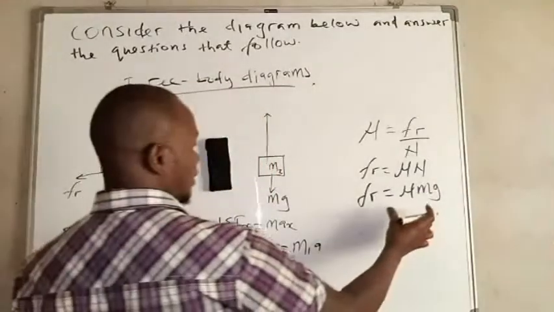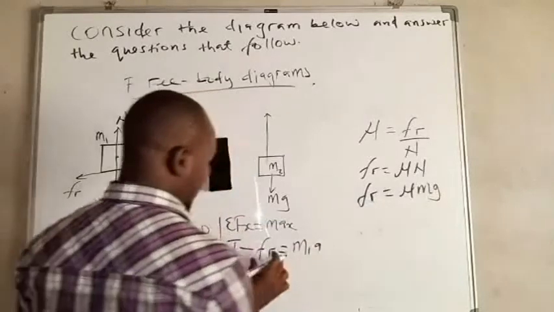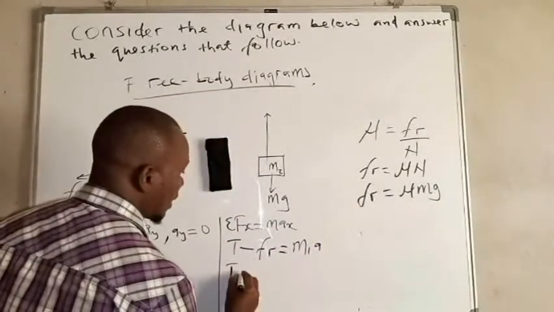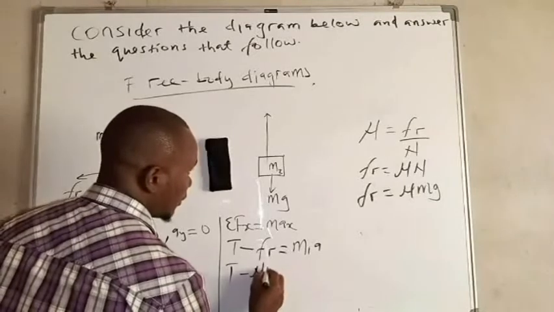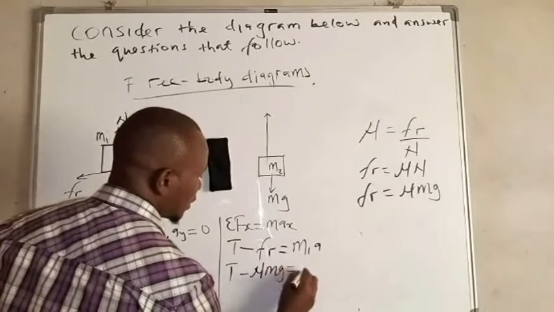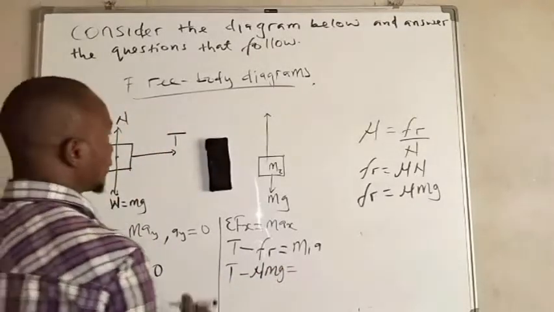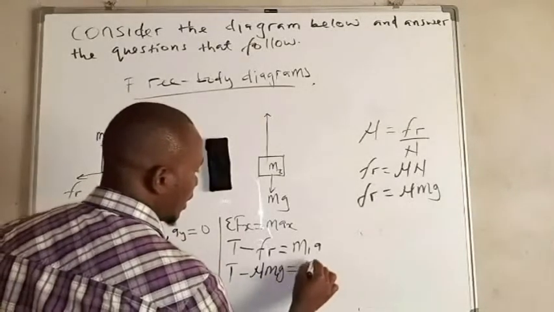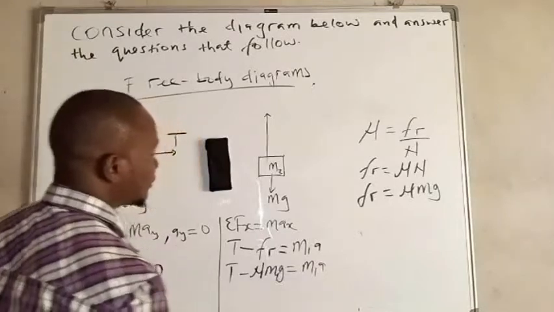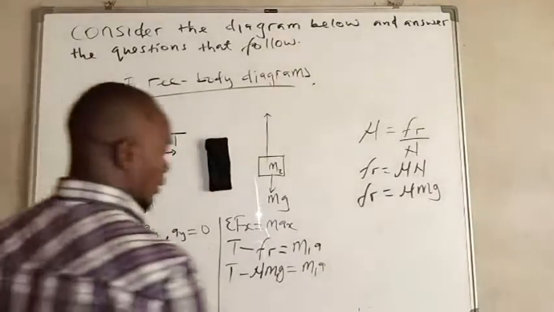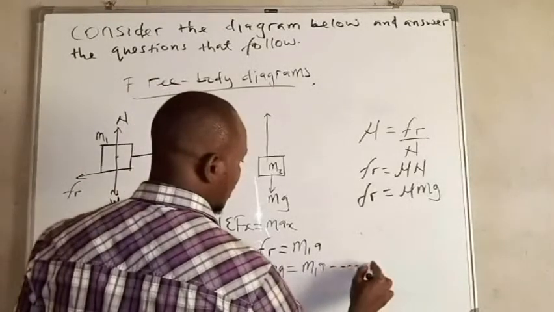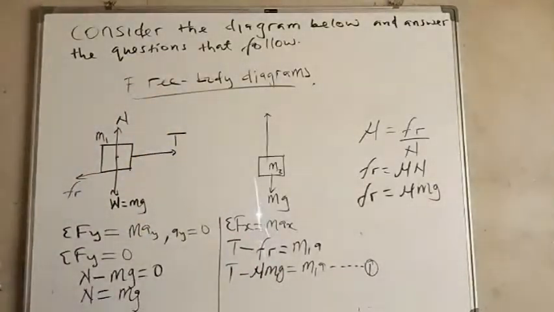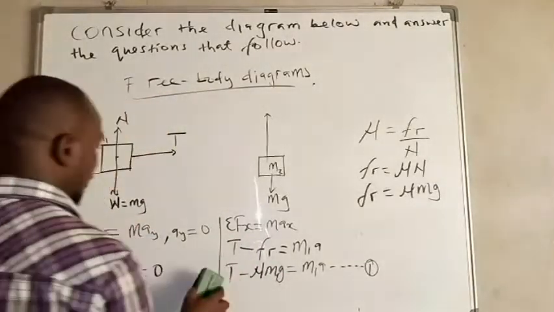If we replace Fr by this, we're going to have T minus mu1 m1 g is equal to m1 a. We can call this equation number 1. From here, we can proceed.